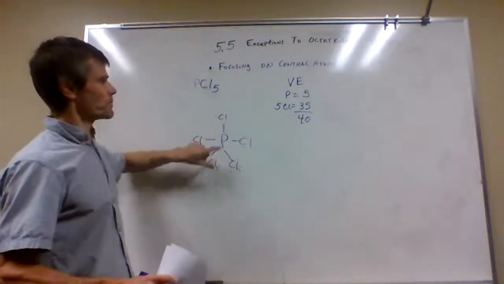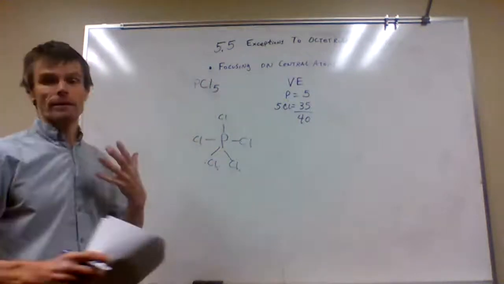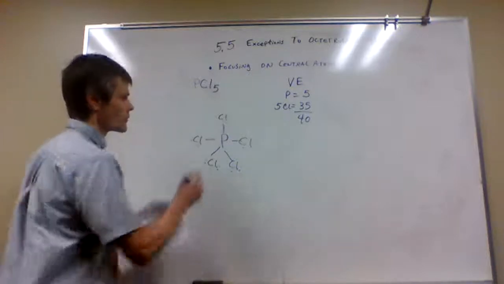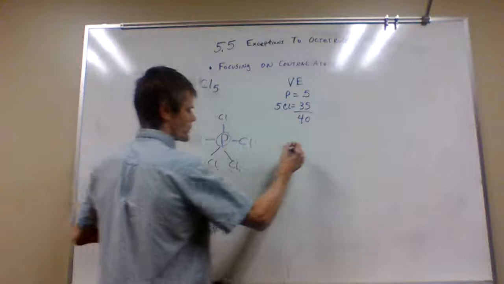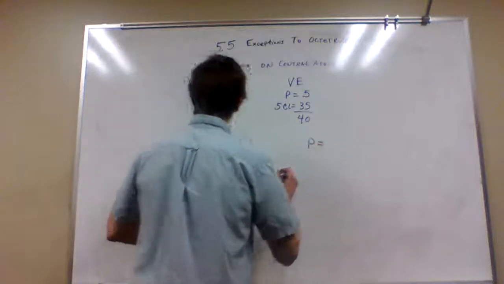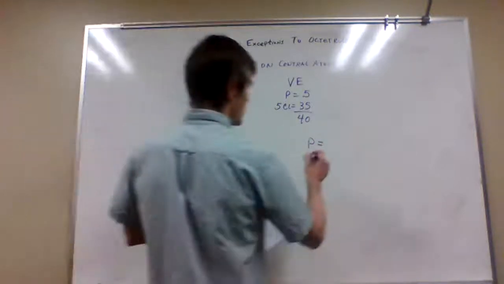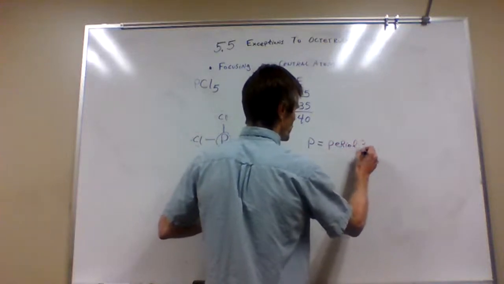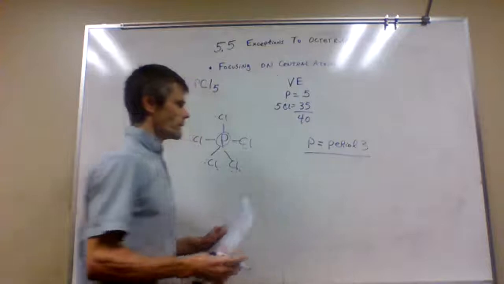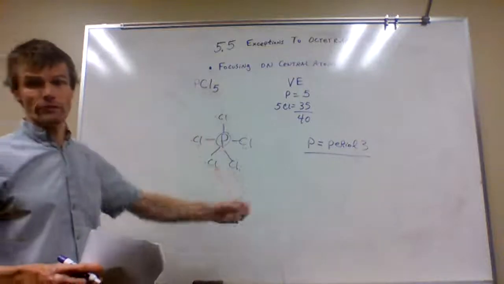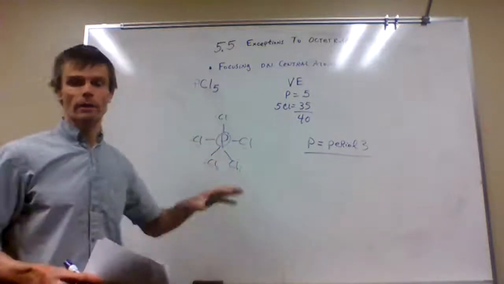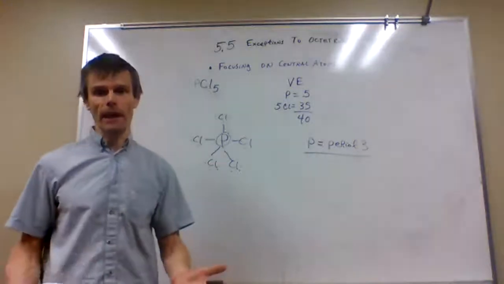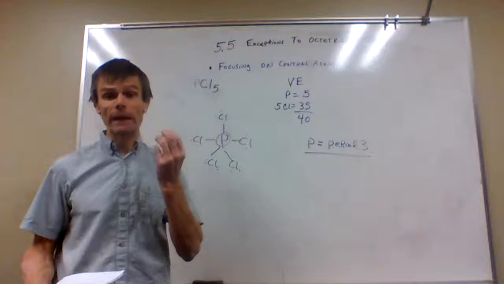And that's the only way to explain it, is looking at the situation in which we can have an expanded octet. Also notice phosphorus is in period 3. So that meets our requirement for an element that takes up the central position. If it's in period 3 or beyond, we do get situations in which an expanded octet can occur. Doesn't always occur, but it can occur.